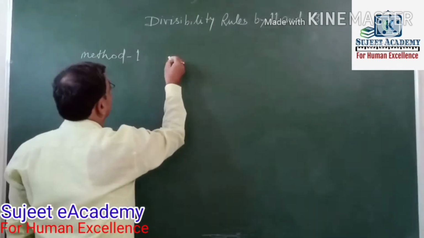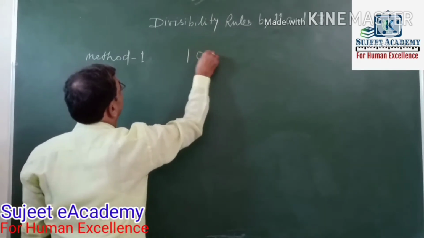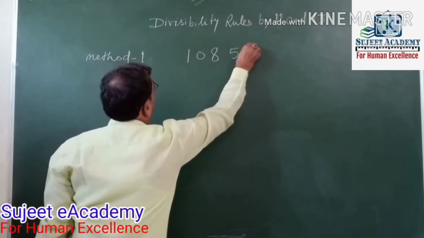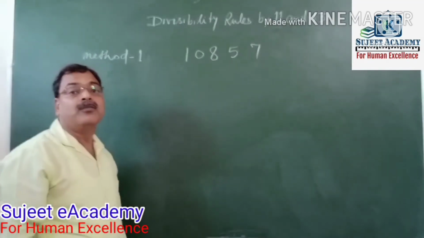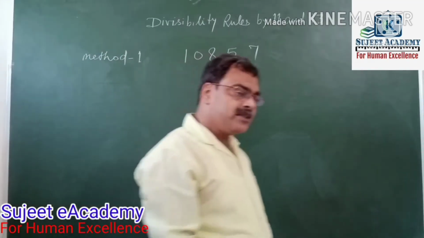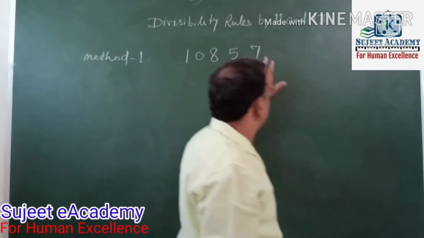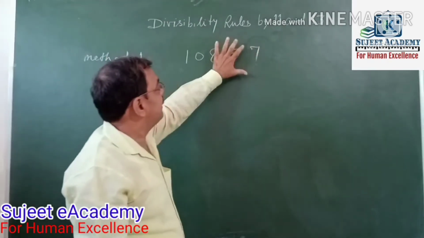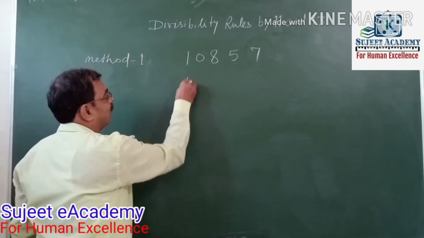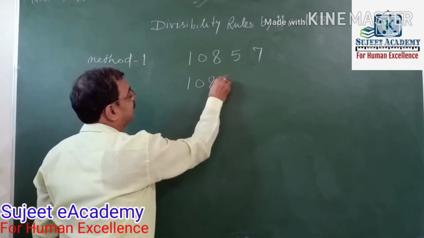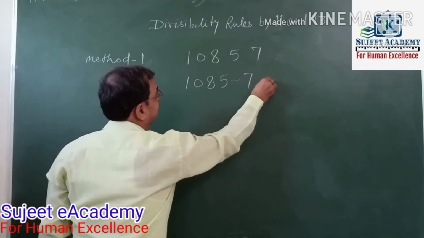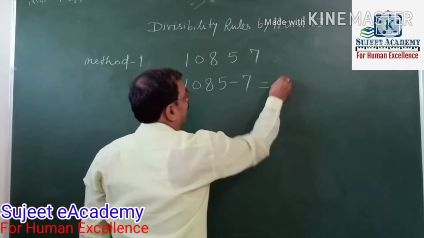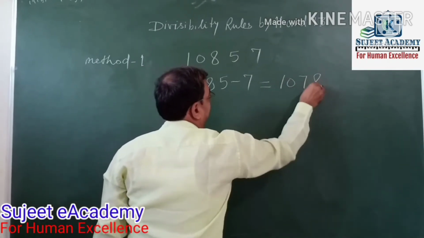Method first, to check the divisibility rule of the number 10857. In this method, you subtract the unit place value from the remaining part of the number. 1085 minus 7, you get 1078.